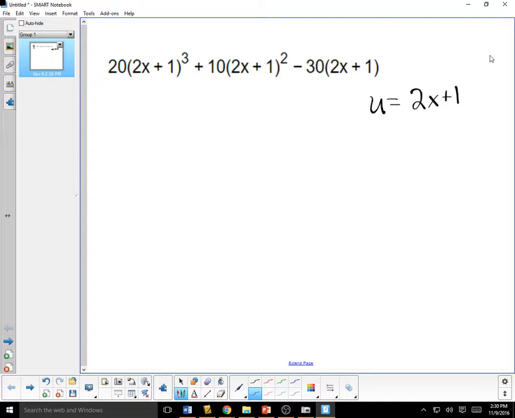So whenever I see a U, what can I substitute it for? 2x plus 1. But again, I can also go the other way, couldn't I? So I'm going to rewrite this expression up here as 20 u to the third plus 10 u to the second minus 30 u.